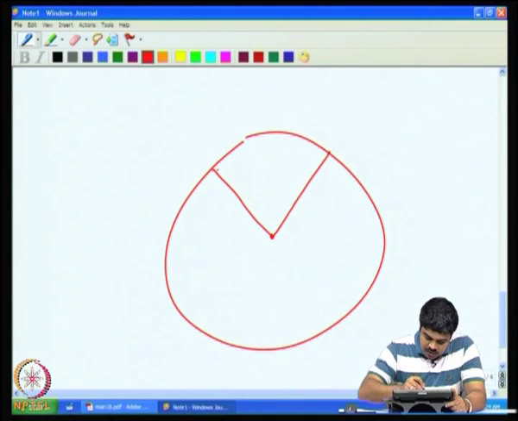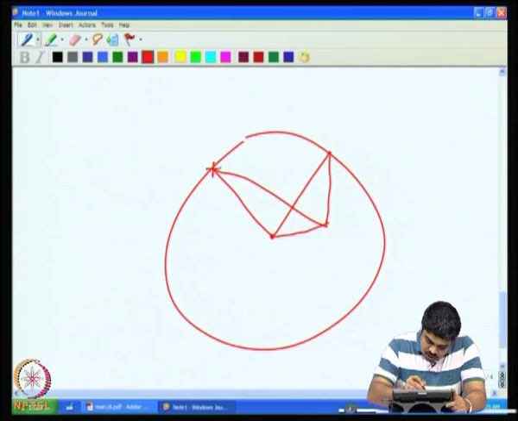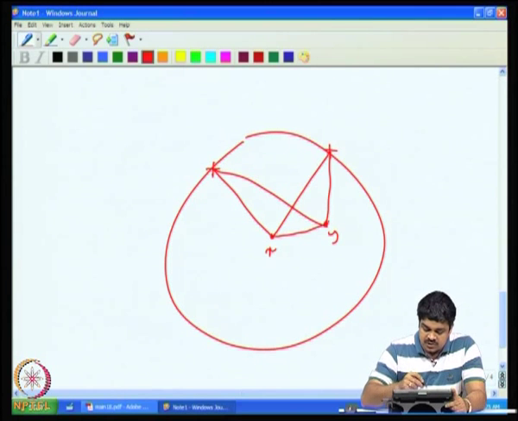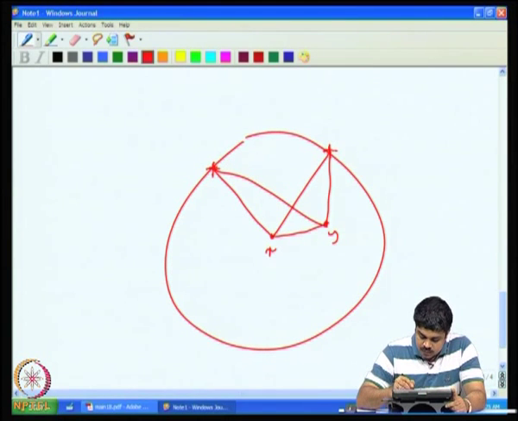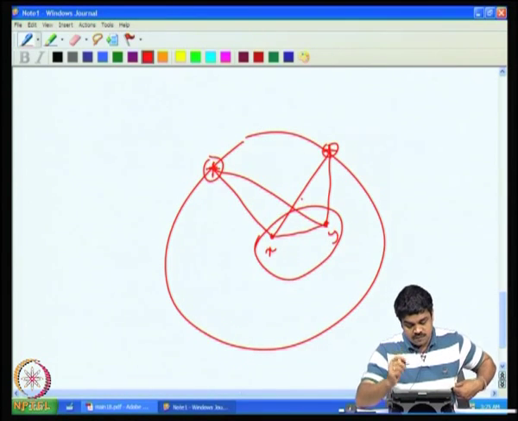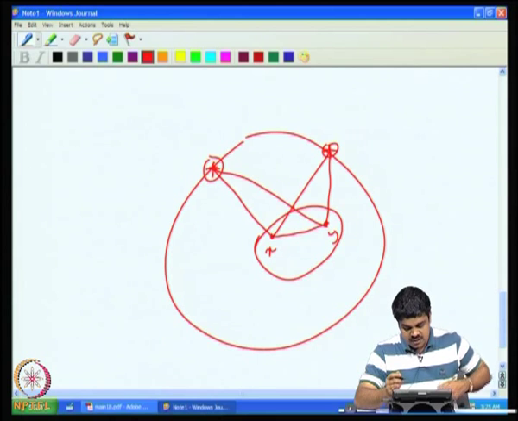If I remove these two neighbors, then, because x and y should have at least 3 edges going out, since the graph is 3 connected. If there are only 2 neighbors for x, and y also, then removal of these 2 vertices will disconnect this portion from the rest of the graph. So, therefore, it will not be 3 connected, right.